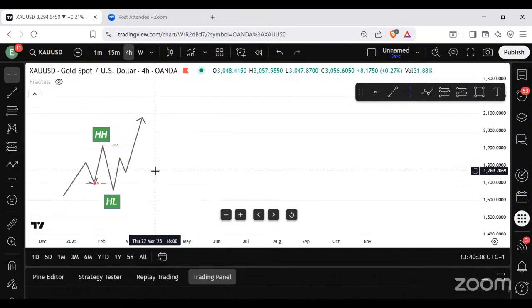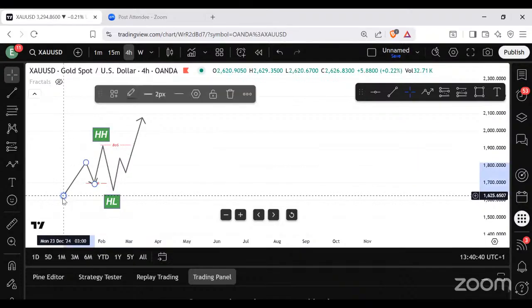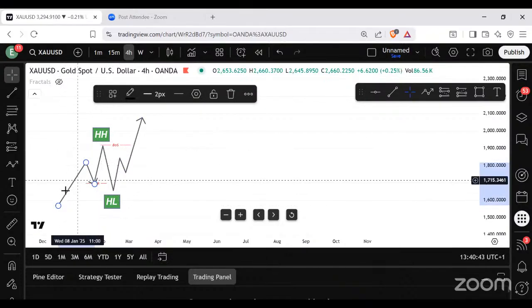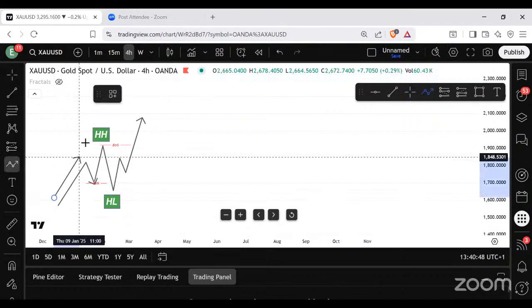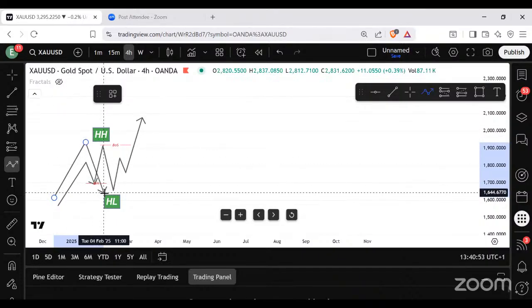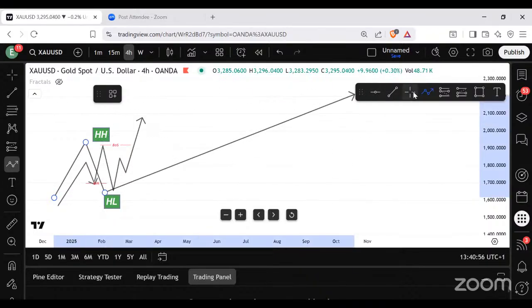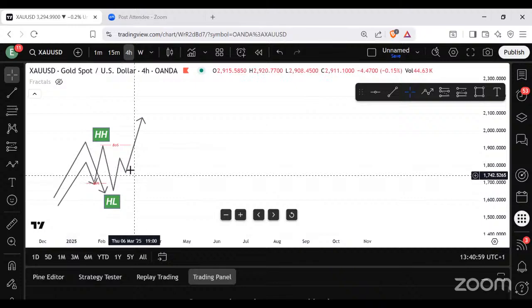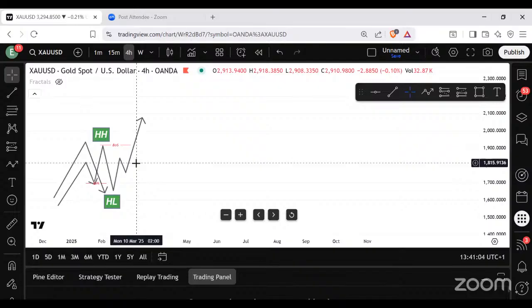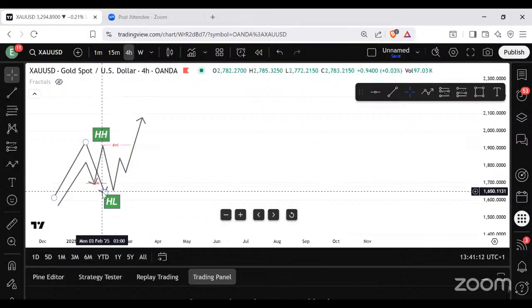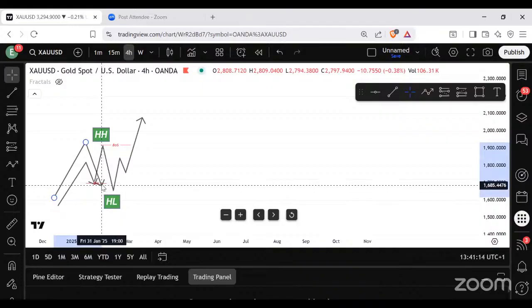Now, you look at this structure. First of all, we had this impulsive move. Then we had this continuation move.